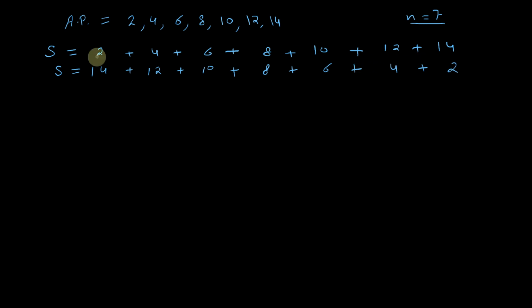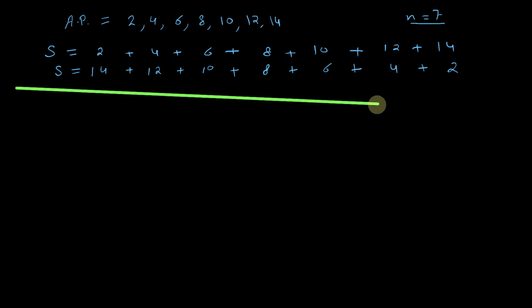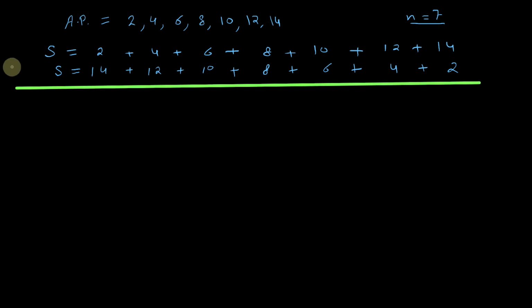As you can see, this is the ascending order and this is the descending order of the same AP. Let me put a line under this statement. We are going to add these terms.